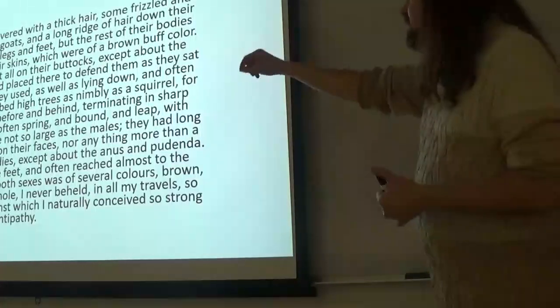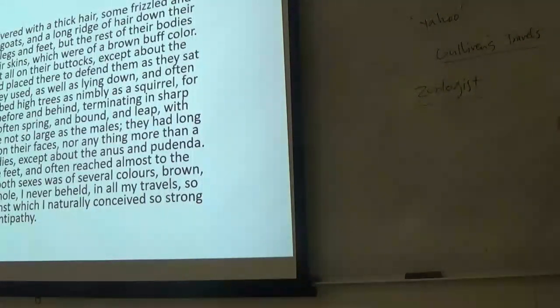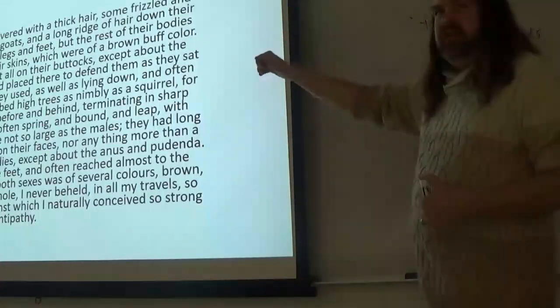So there's a kind of distancing between the narrator and the object he's observing, right? But the joke's on him, because the thing that he's observing that he finds so disgusting is just like him, right? So it shows a lack of self-awareness on the narrator's part.